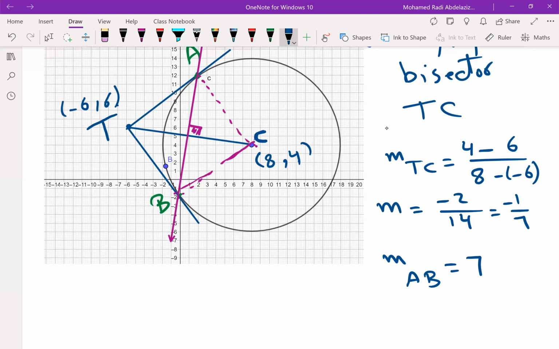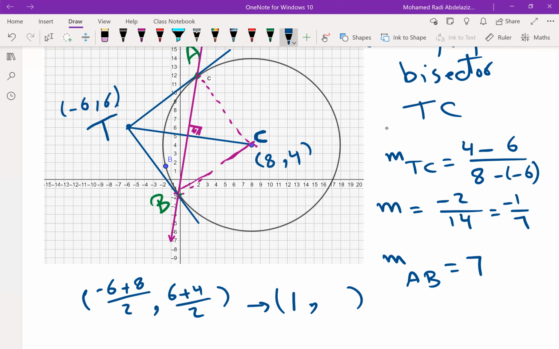What else? You can find the midpoint of TC by adding x plus x divided by 2, -6 plus 8 divided by 2, and y plus y divided by 2. So the midpoint will be: -6 plus 8 is 2, divided by 2 is 1; 6 plus 4 is 10, divided by 2 is 5.